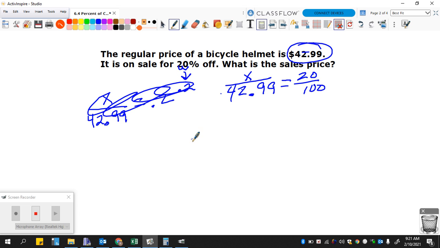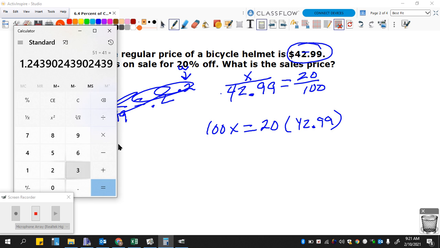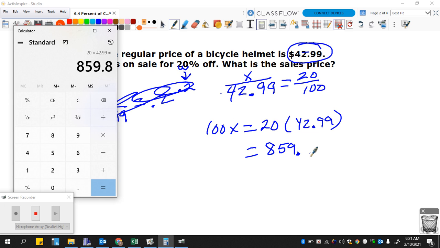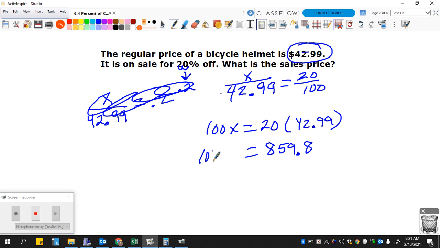So we cross multiply, so that turns into 100x is equal to 20 times 42.99. Okay. So if I go 20 times 42.99, I end up with 859.8. And so we have 100x, and we're going to divide by 100.